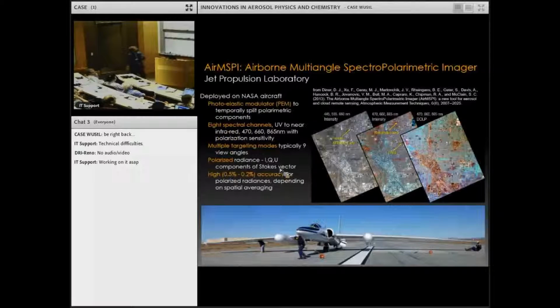Another instrument which has been developed at the Jet Propulsion Laboratory is called AirMISPI. This is the Airborne Multi-Angle Spectropolarimetric Imager. A lot of the people in this group are the same as the MISR mission, which I mentioned way back before, the multi-angle instrument.